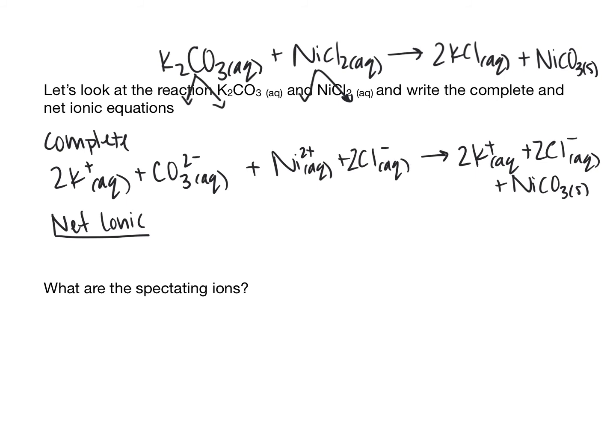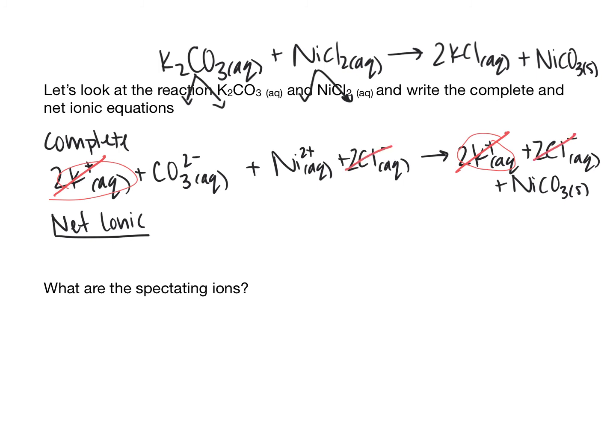So if we look at these equations, we can see that there is a potassium ion on the left and one on the right. When we see the same component on both sides of the equation, it can go away. So this is out and this is out. We can also see the chloride ions.